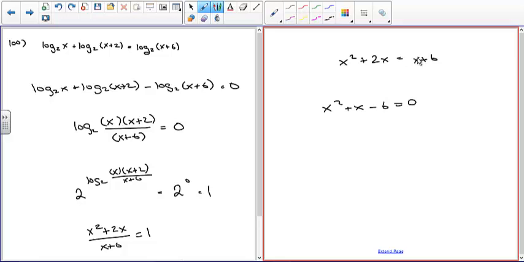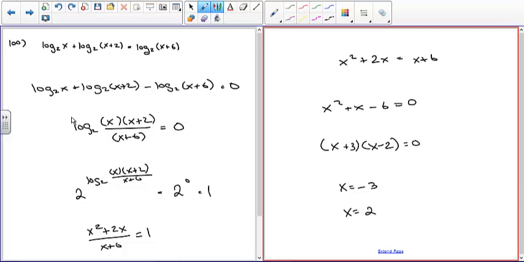So when you subtract x from both sides, 2x minus x is x. 6 comes to the other side, becomes negative, and you can see I can factor that. So it's x plus 3 and x minus 2 equals 0. So x equals negative 3 and x equals positive 2.